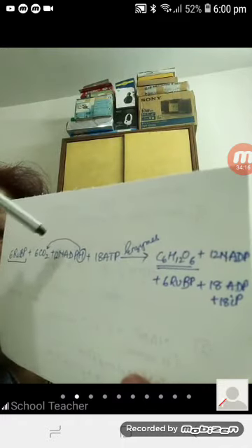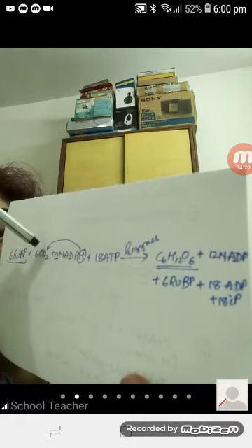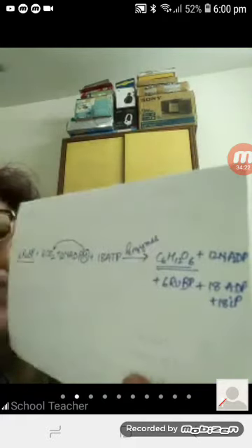Now ATP breaks into 18 ADP and 18 IP, and this RUBP is again set free to take up more carbon dioxide. This is all about the dark reaction that you have to know. This fixes gaseous CO2 to solid carbohydrate.